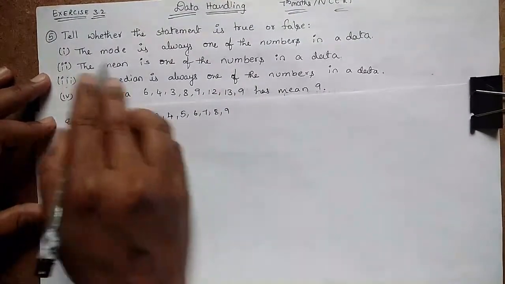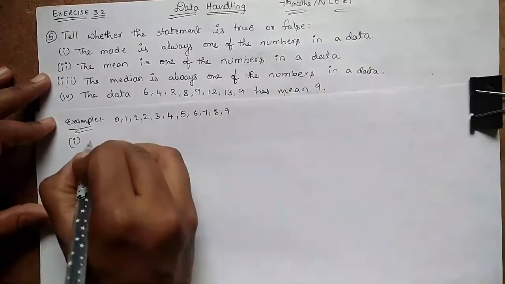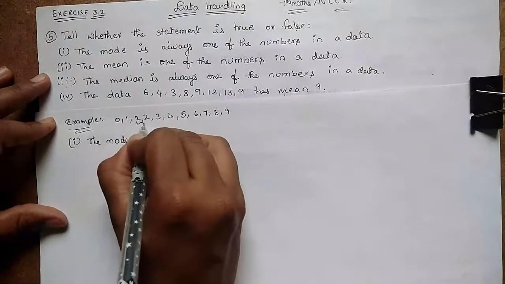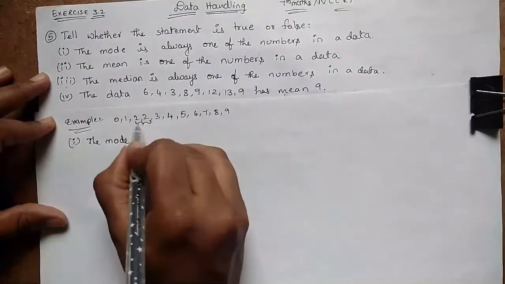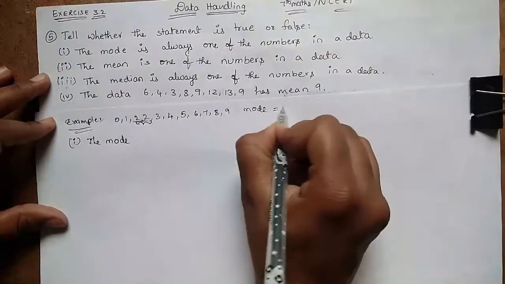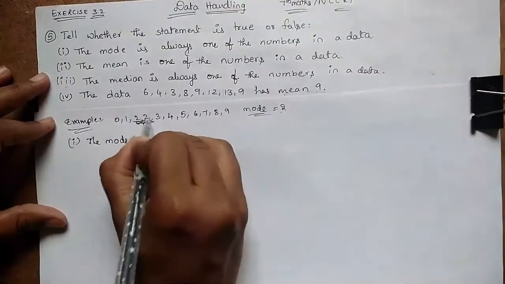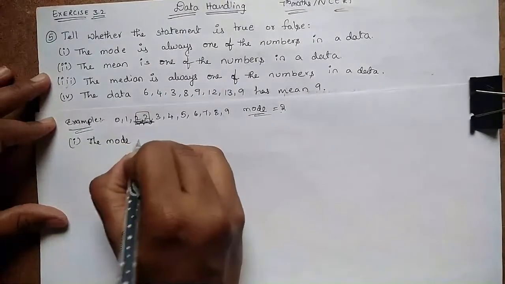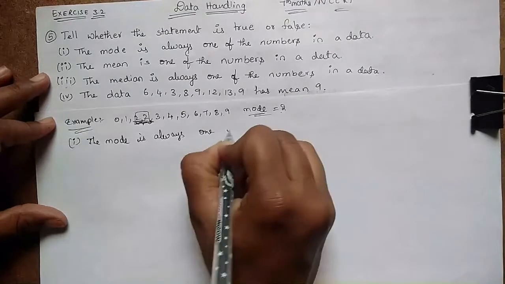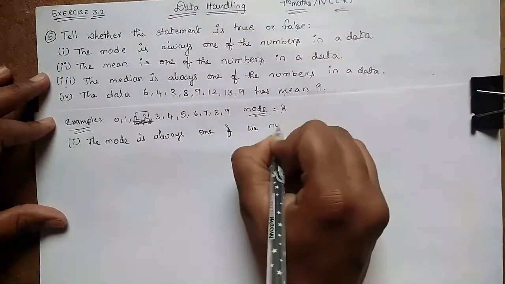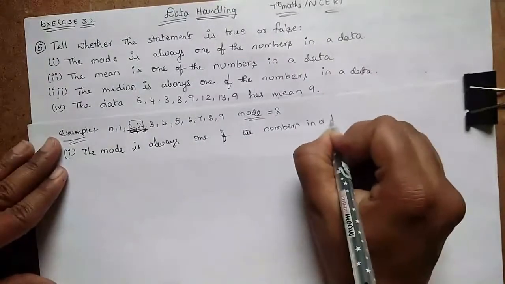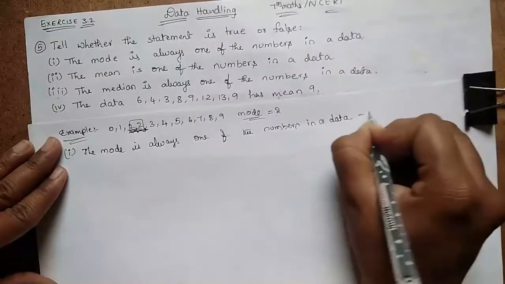Moving to the first question: mode is always one of the numbers in the data. The mode is nothing but the number of repetitions. So this was the given data. There was a repetition, so we find the mode equal to 2. It was a given data number. So it was true. Mode is always one of the numbers in a data.